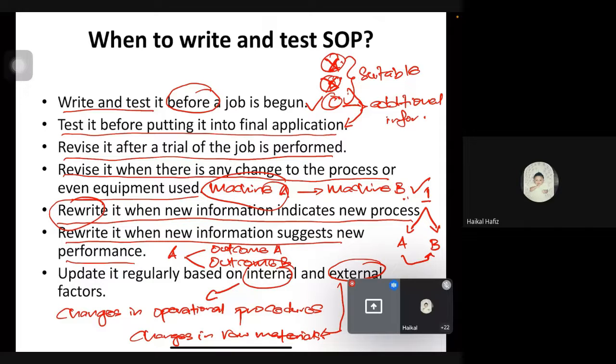Or you don't have to use the same machine again. You are using a different machine, so that will also be an external factor. Or maybe there is a new regulation being created by the environmental regulators. They come up with a new method, so you have to follow the new method, then you have to update your SOP.